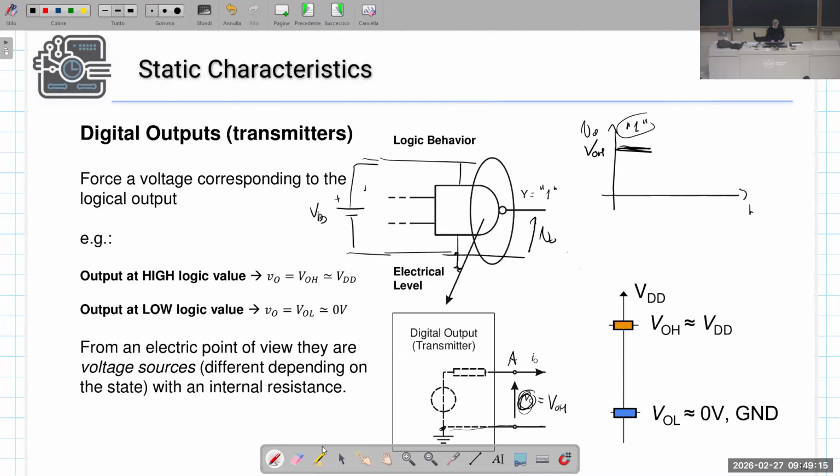When the output should be forced to a low logic level, so when the output is expected to be 0, the output voltage is forced to a low logic value, a different voltage which is called VOL, which is typically 0 or close to 0, VOL.